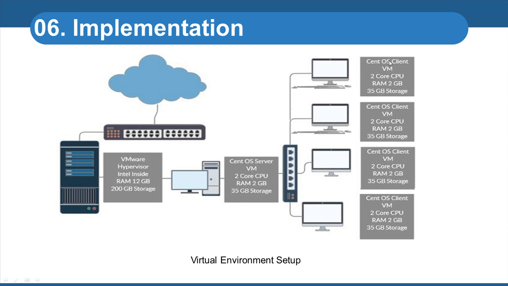And my clients also have the CentOS client version with 2 cores of CPU, 2 GB of RAM, and 35 GB of hard drive. So totally I'll have 4 clients and 1 server to work on.